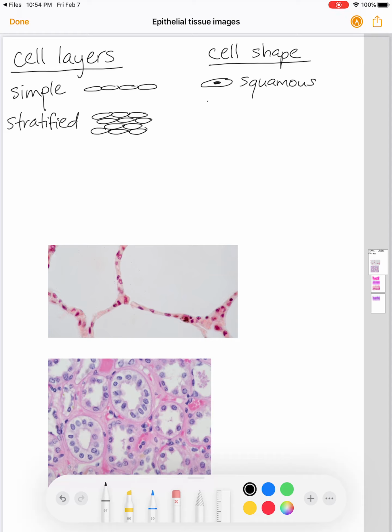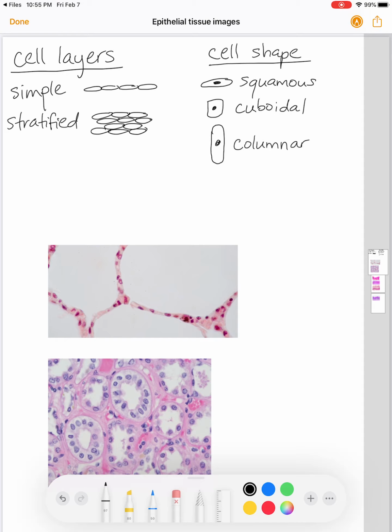Second cell shape looks kind of like a cube, so we call it a cuboidal cell. Okay, and the third cell shape is kind of long and skinny. It's kind of like a column, so it got the name columnar cell. Right, so we can use these two things, the number of cell layers and the type of cell shape, in order to name a lot of our epithelial tissues.